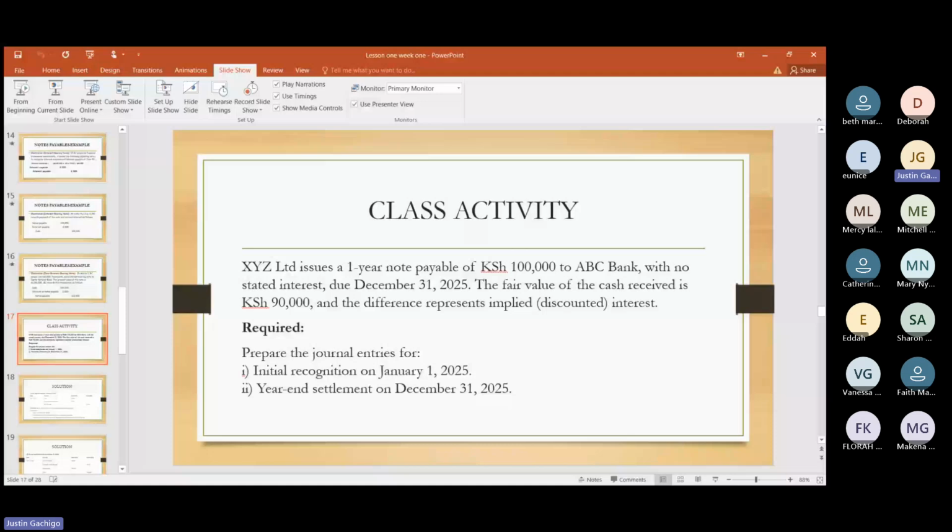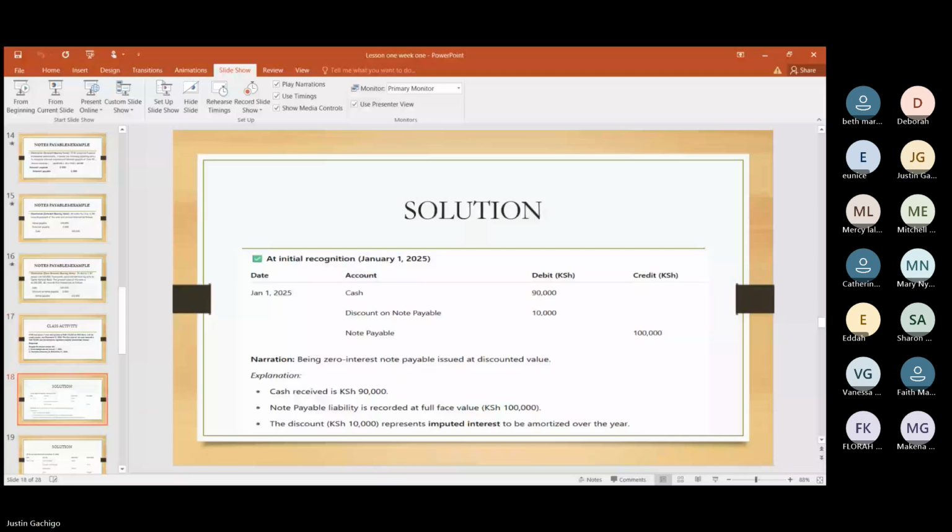So you need to debit the cash or bank 90,000. Then the note payable is 100,000. So there is a discount on note payable of 10,000. Then you credit the whole amount of 100,000. That is how we are supposed to go about it.